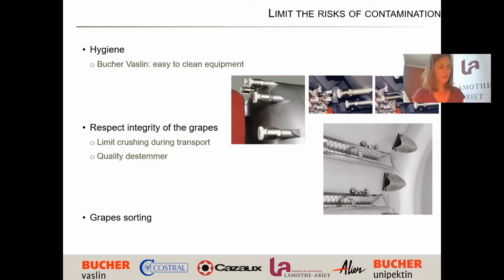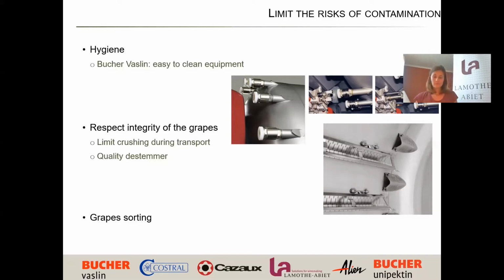Densitometry, we have optical, we even have the alien robotic sorting, and we have vibrating tables that are just manual sorting as well. Sorting out contaminated fruit will really help you reduce the amount of spoilage microbes present in the juice, so controlling the population.